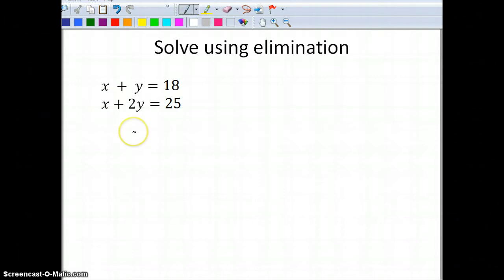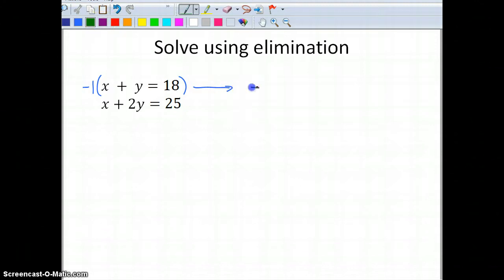I mean, this one's going to be easy to do a lot of different things with. I could, if I wanted to eliminate the y, I would multiply each term up here by negative 2. But I could also multiply each term by negative 1 and have a positive x and a negative x. So I'm going to change this one.